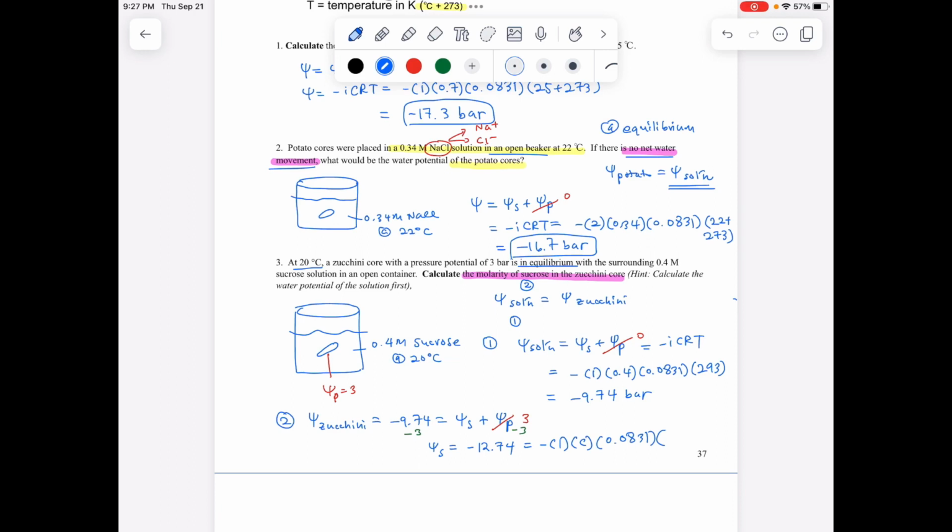And finally, T is still 293 Kelvin. So now this is simple algebra where you're solving for this C right there. I'll let you figure that out. It's a simple division, right? You should get 0.52 molar sucrose for the zucchini core. That's how you get the answer.